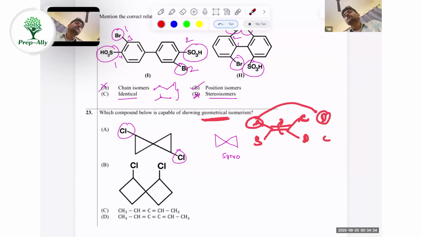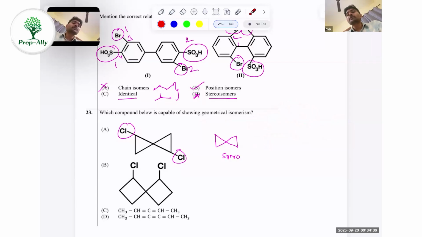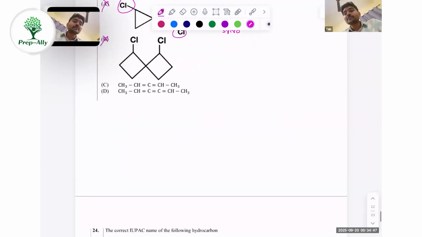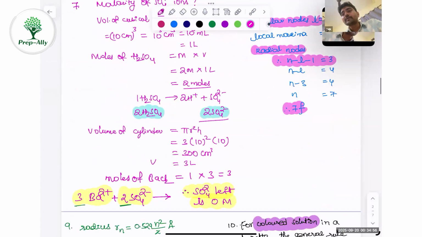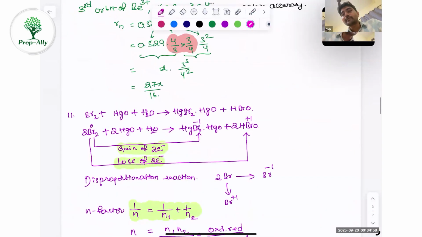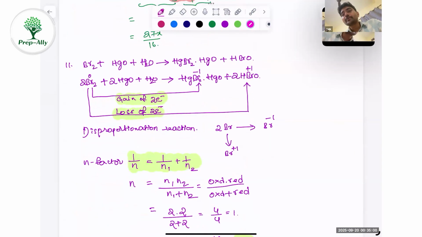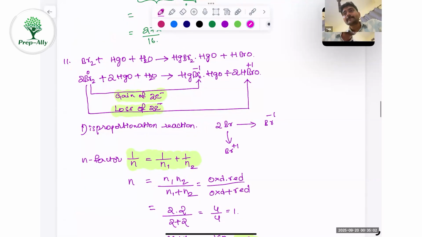That's how cis-trans isomers will come. Option A has no geometrical isomers, B has no geometrical isomers, then C and D if you take them. I will open some visualization. I made solutions also and I will share them on the website. Whoever is interested can go through that.